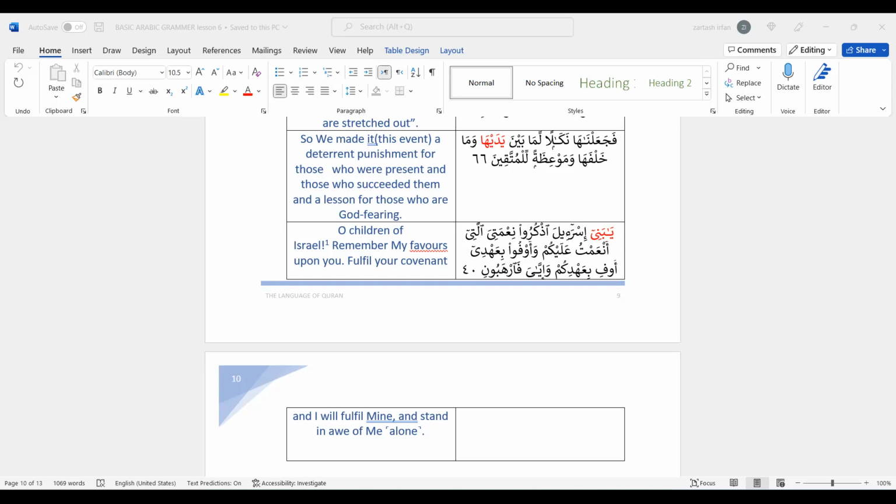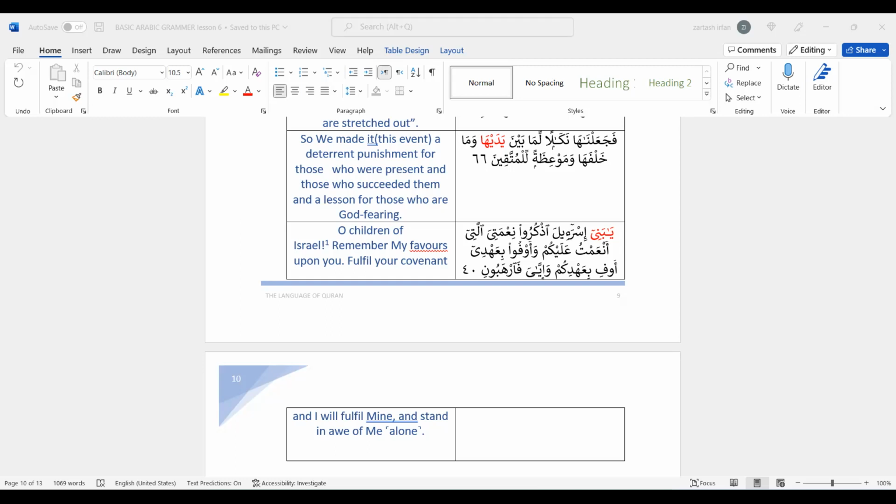Kitabu hazihil binti. Now here we want to focus on the mudaf ilayhi, and when the mudaf ilayhi is the musharun ilayhi, we are going to put the ismul ishara in the middle of the phrase, in the middle of the two components of the idafa construction.